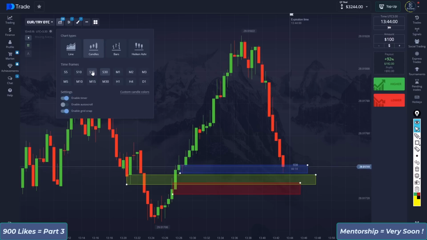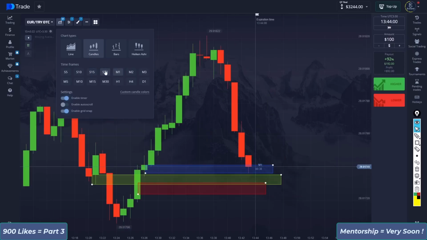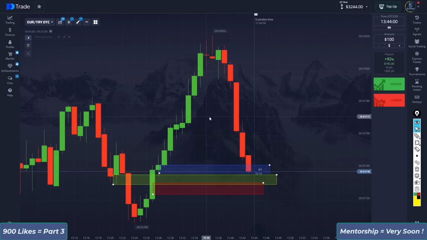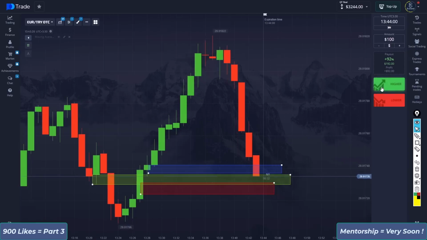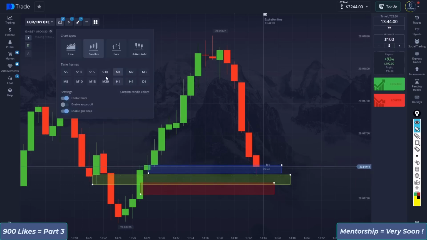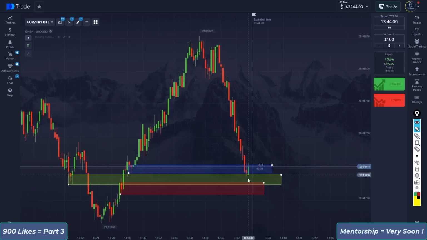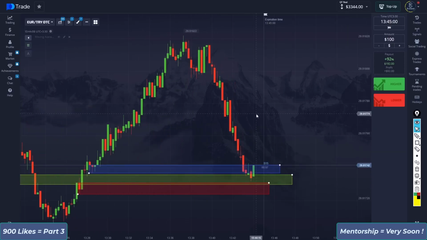Okay, it's coming down. Okay, it's reacting from the QM's shoulder here. Let's see. Yeah, it reacted exactly from the green area.